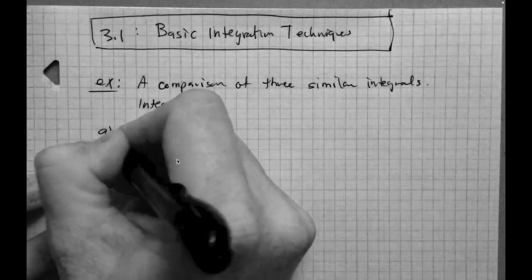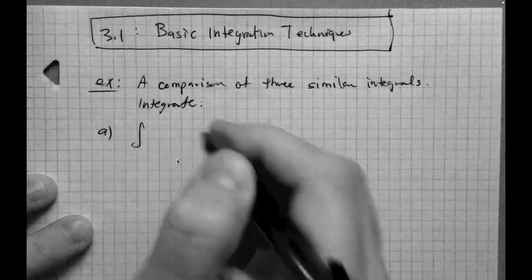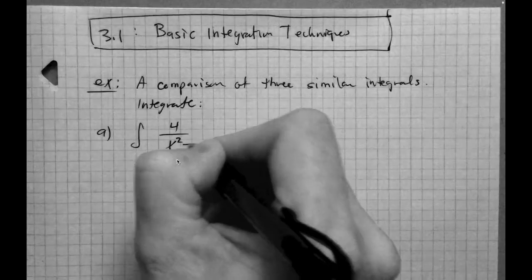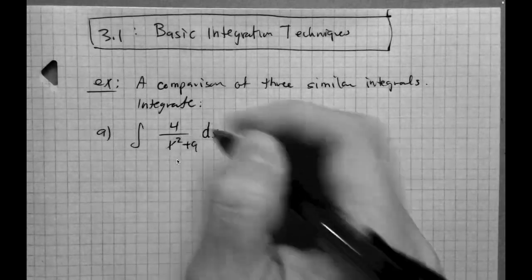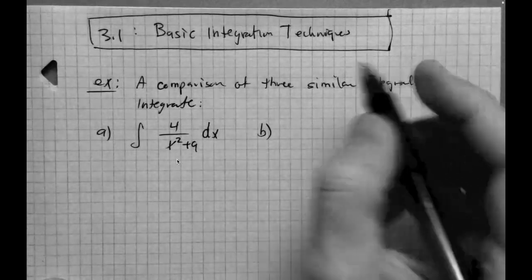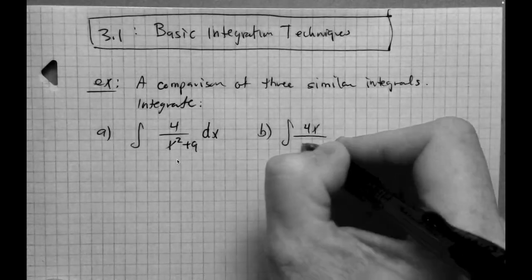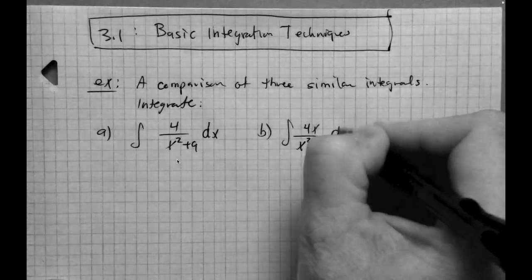So part A is this guy, the integral of 4 over x squared plus 9 dx. The second one we'll look at is the integral of 4x over x squared plus 9 dx.